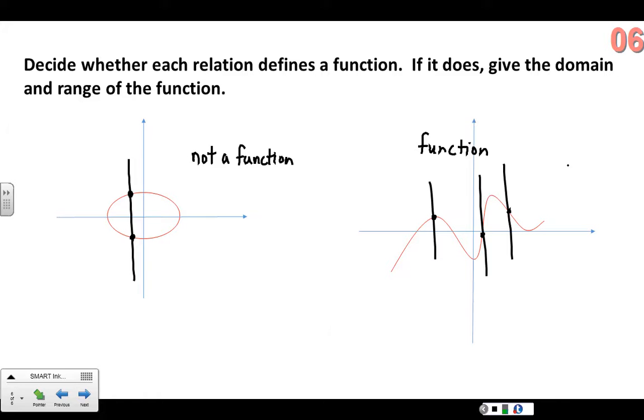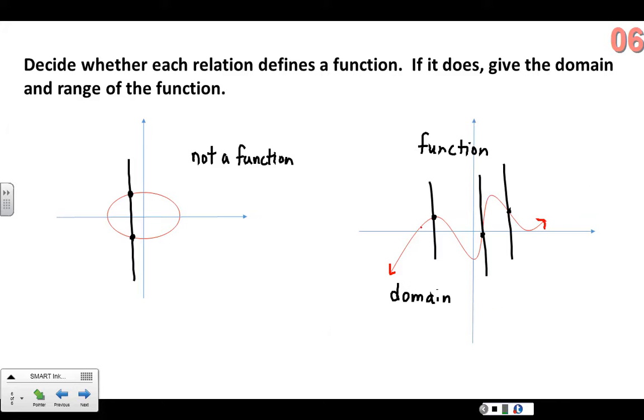Now let's talk about the domain. Looking at the graph here, the picture did not have arrows, but they should have arrows on the ends, so I'm going to draw those in there. So if you look, here's your x-axis. Your domain is the x values. It looks like my graph's going forever to the left, and then again forever to the right.